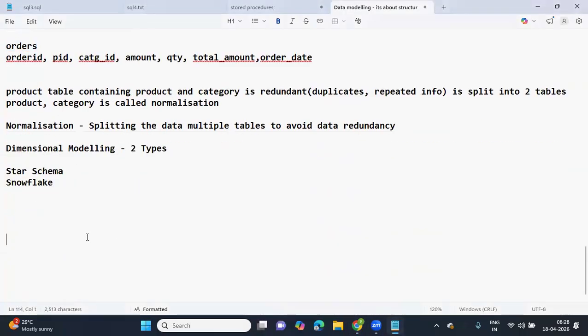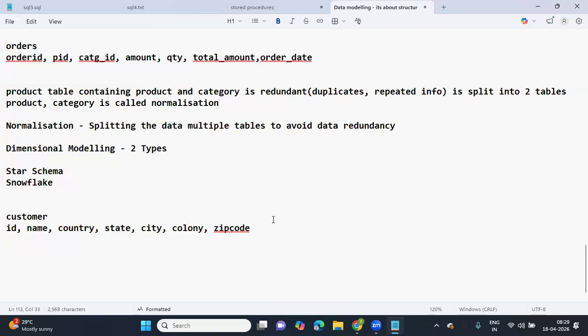Let's say this customer table contains customer ID, name, country, state, city, colony or village, and zip code.